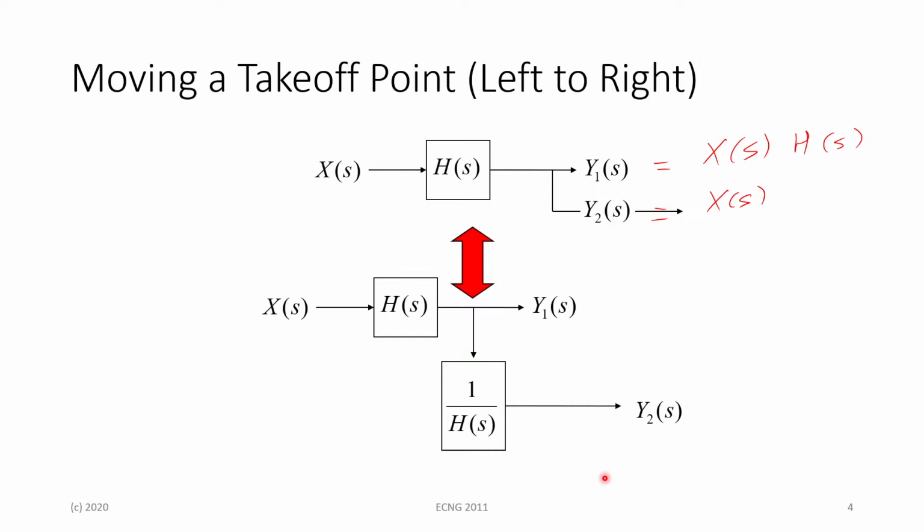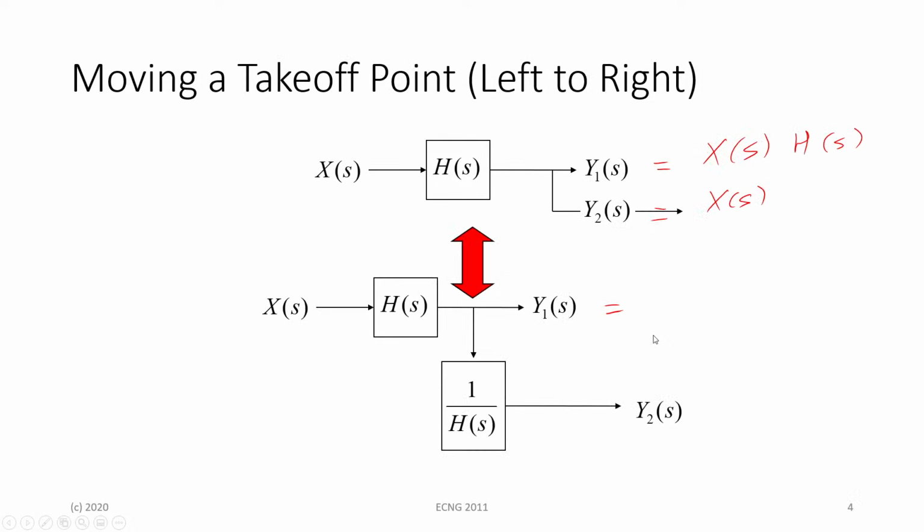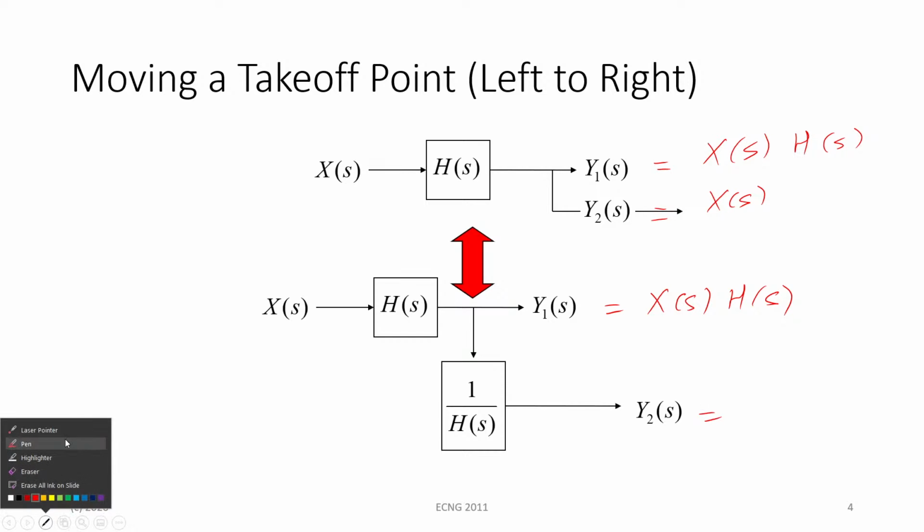The reason for this is, if you watch what our equations are, the y1 of s equation here is x of s, h of s. For the y2 equation here, if we actually follow the flow, you can see it's x of s, h of s here, but we need to make sure that y2 of s is equal to x of s.